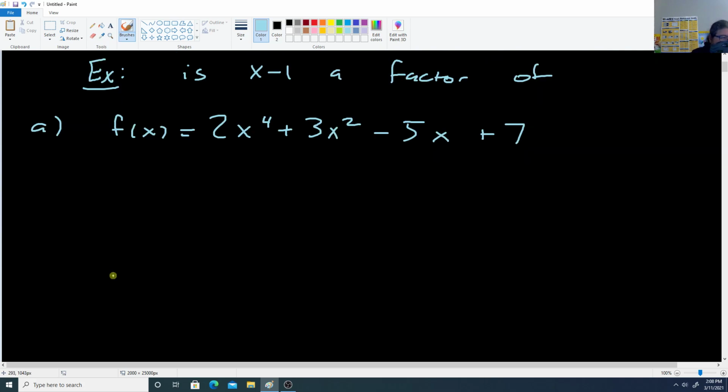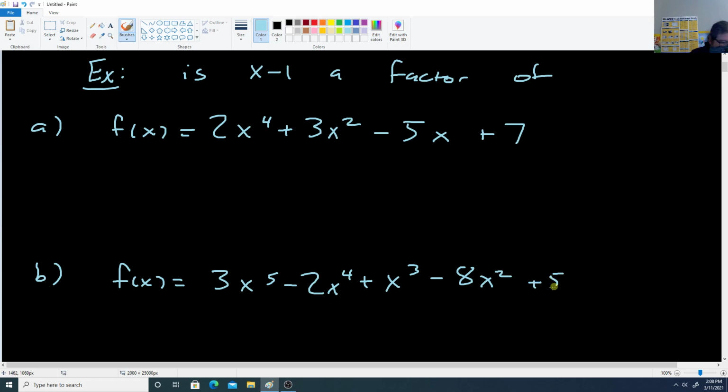And in part B, I'm going to leave a little bit of space for synthetic division there. And in part B, f of x equals 3x to the fifth minus 2x to the fourth plus x cubed minus 8x squared plus 5x plus 1.